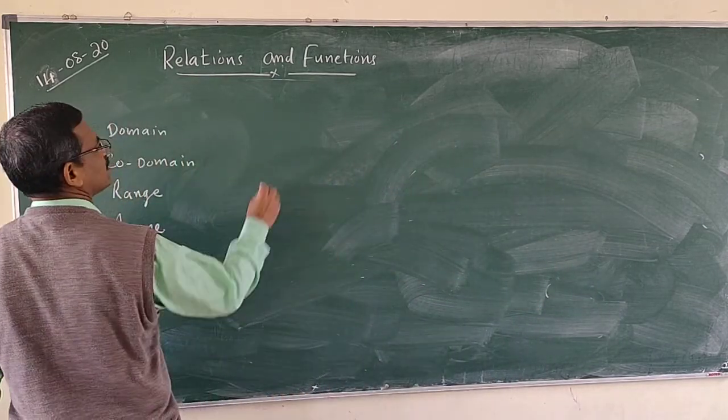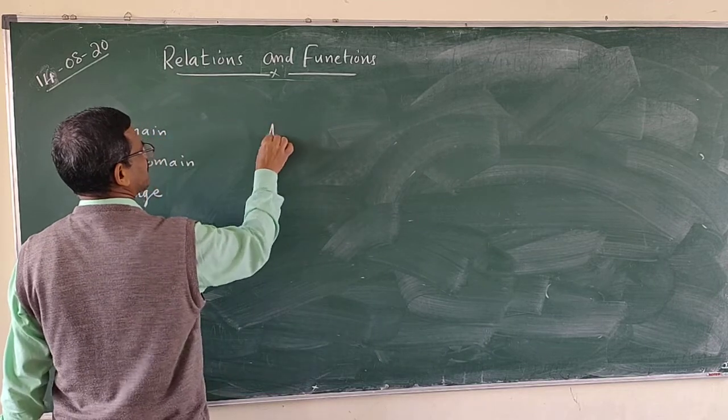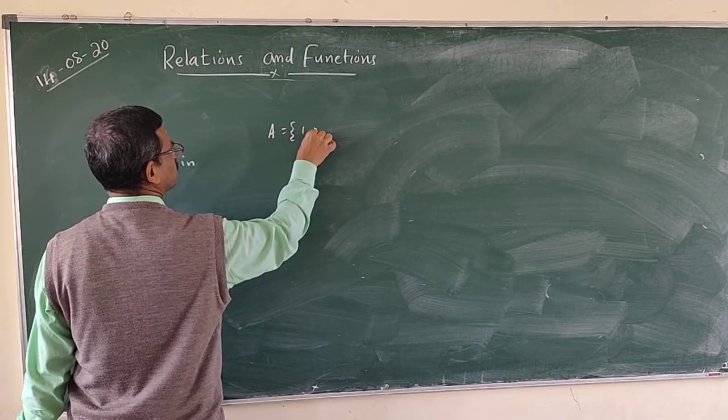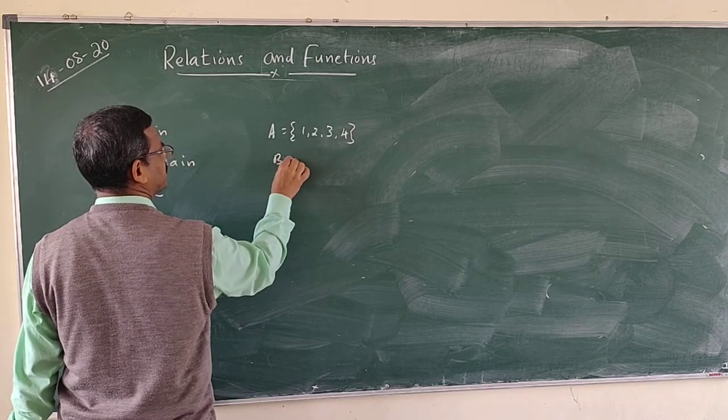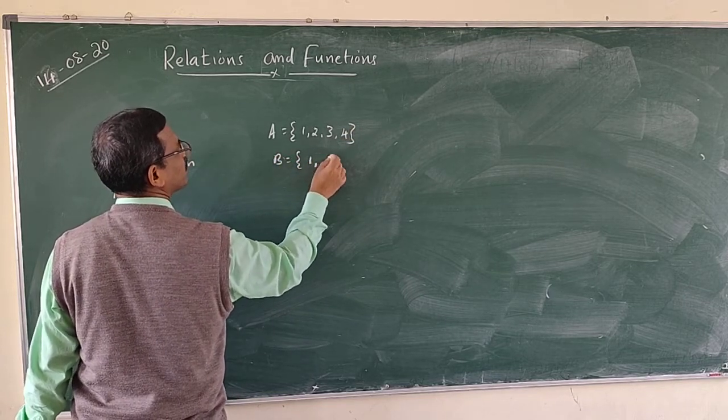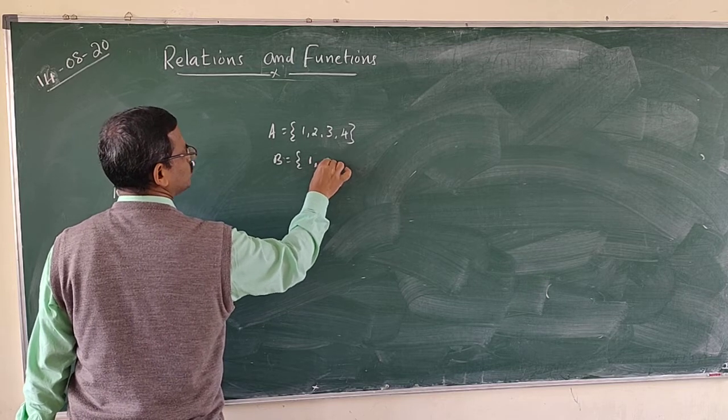Now, let me take a set A = {1, 2, 3, 4} and another set B = {1, 2, 6}.